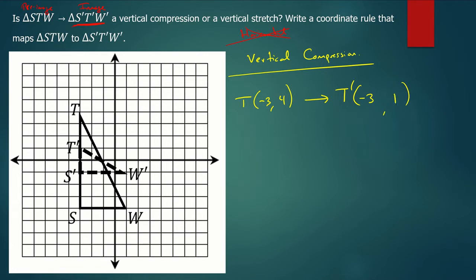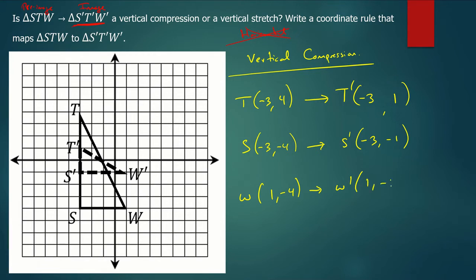And just for good measure, let's do all of them. So S is at negative 3, negative 4, and it goes to S prime, which is at negative 3, negative 1. W went from 1, negative 4, to W prime, which is 1, negative 1.